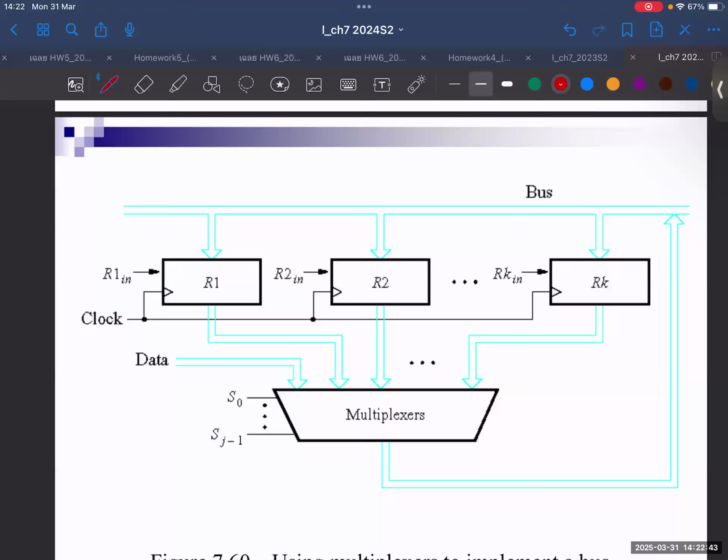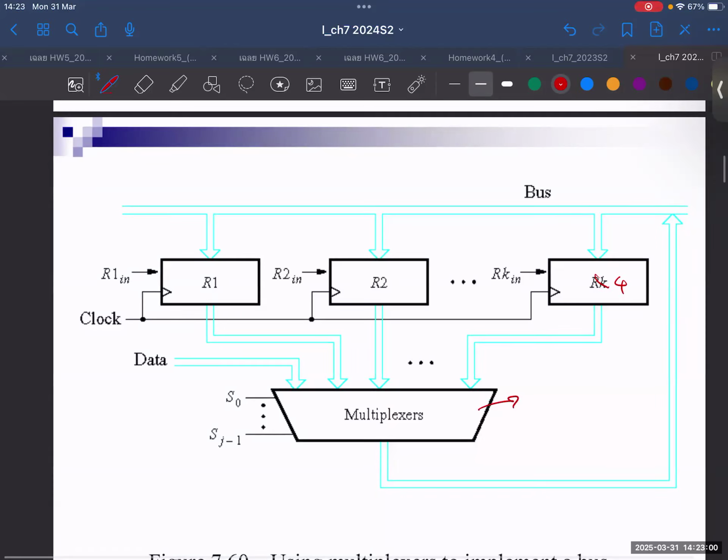For example, if you have, let's say, four registers on the bus, then what's the size of the mux? If you have four registers, what is the size of the mux?